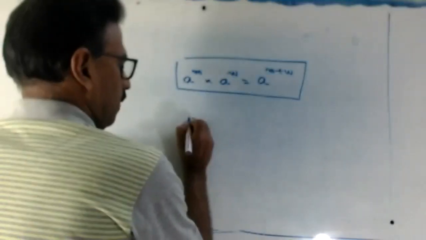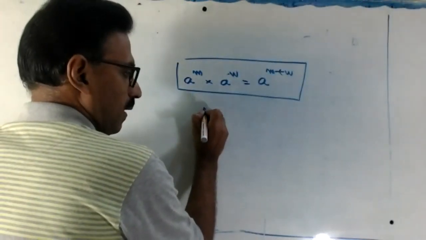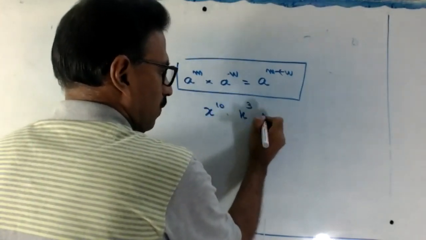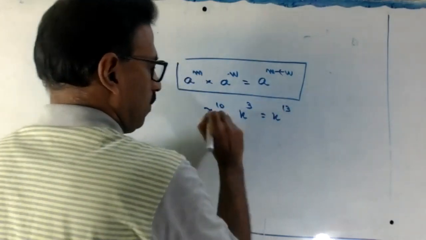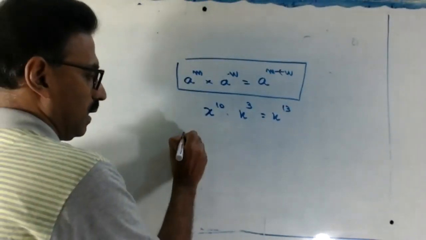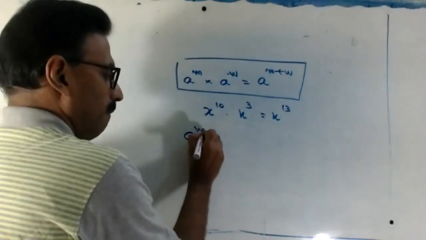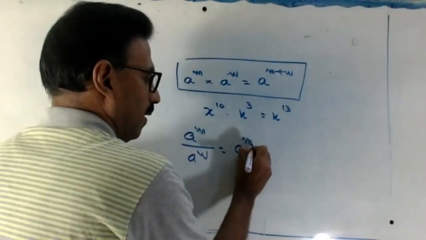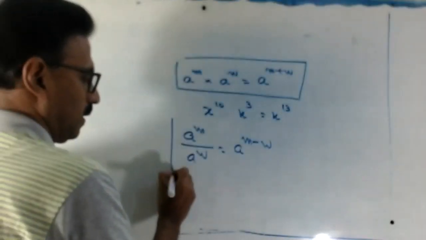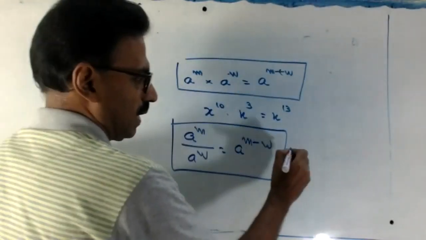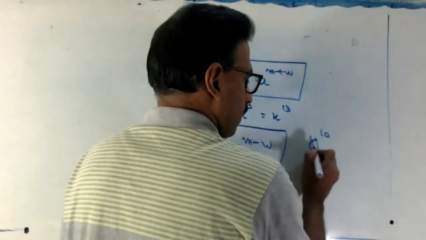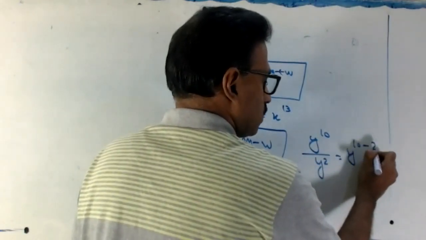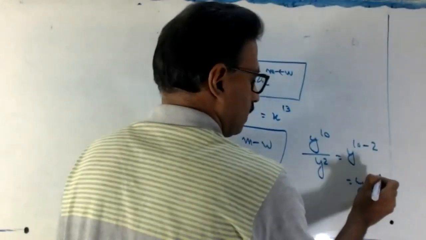Okay, then example x raised to 10 into x raised to 3. We get x raised to 13, 10 plus 3. Then next one we learn a raised to m divided by a raised to n. We learn a raised to m minus n. Okay, this is the second part. Example y raised to 10 divided by y square is y raised to 10 minus 2 equal to y raised to 8.